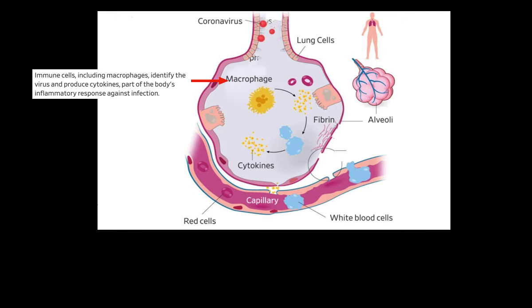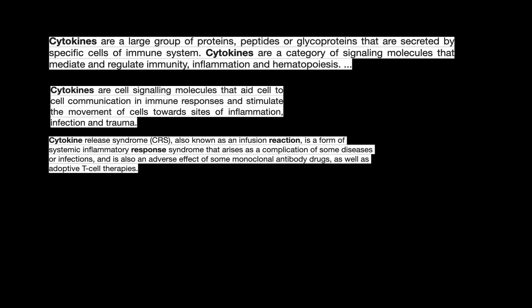Well, what are cytokines? Cytokines are a large group of proteins, peptides, and glycoproteins that are secreted by specific cells of the immune system. They are actually a kind of signaling molecule that helps mediate and regulate immunity, inflammation, and blood formation.